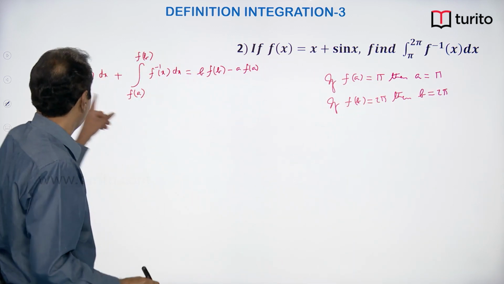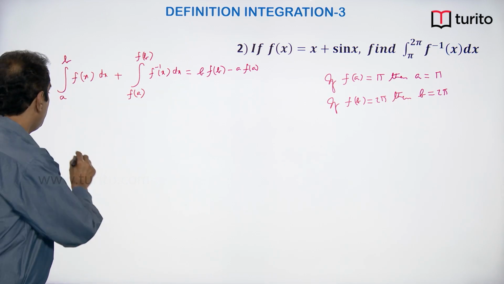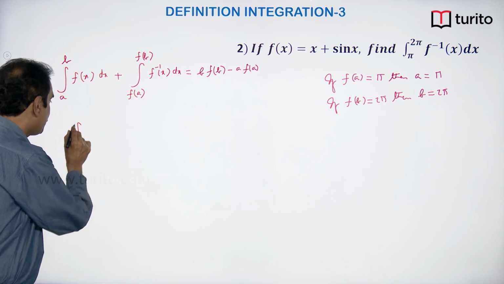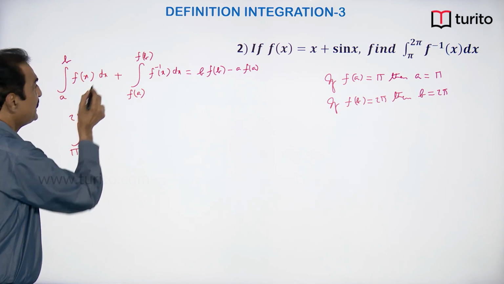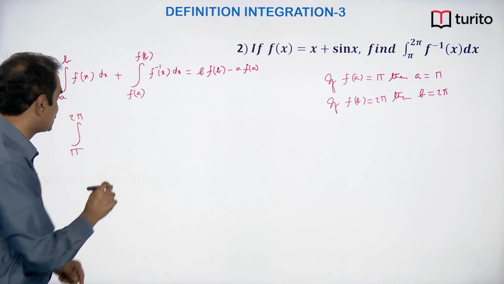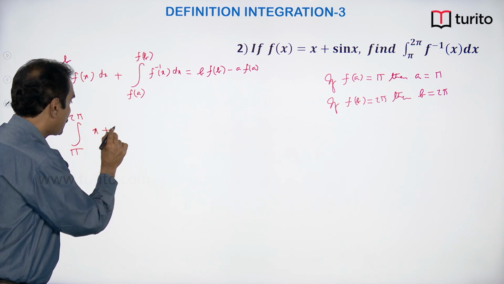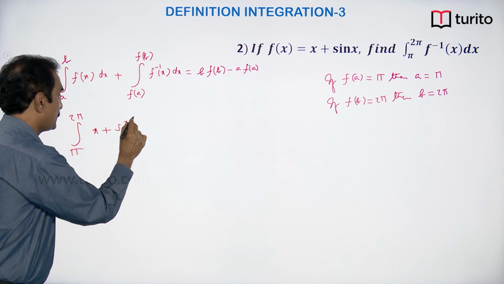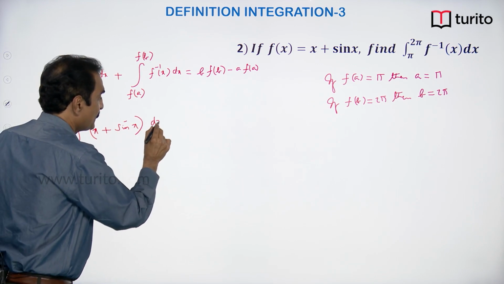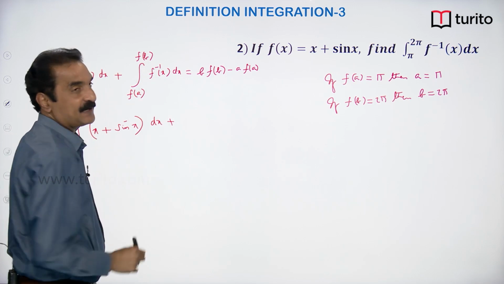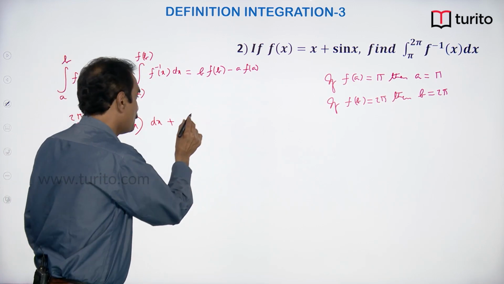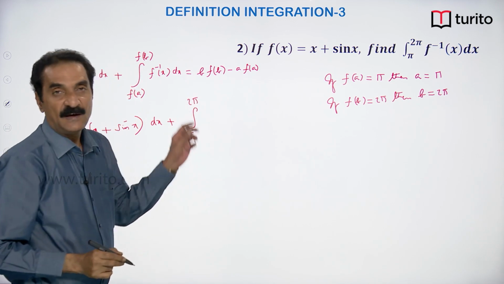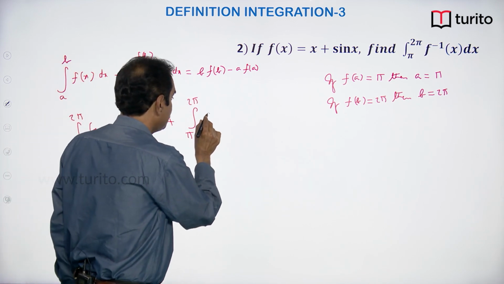Now, if you apply this formula, integral a to b means pi to 2 pi f of x dx, f of x is x plus sin x dx plus f of a to f of b, that is pi to 2 pi f inverse x dx.